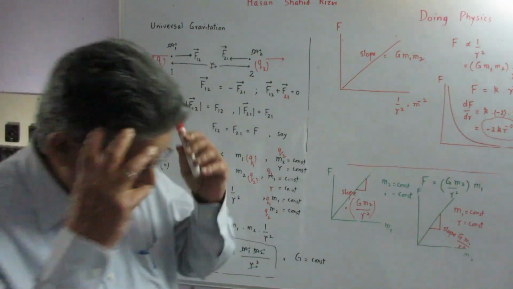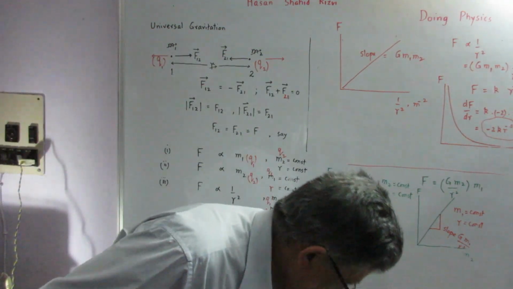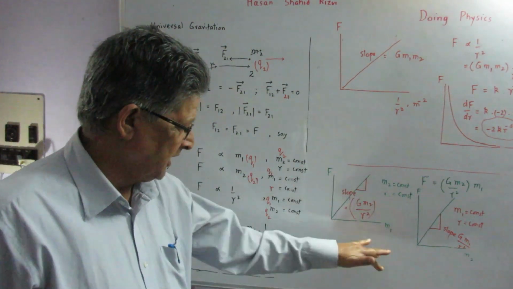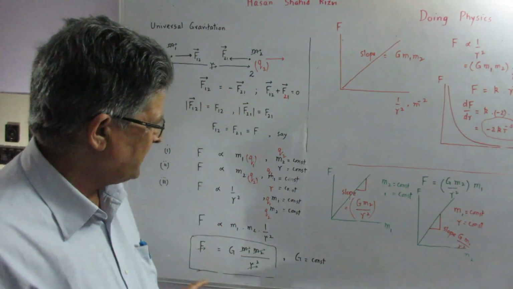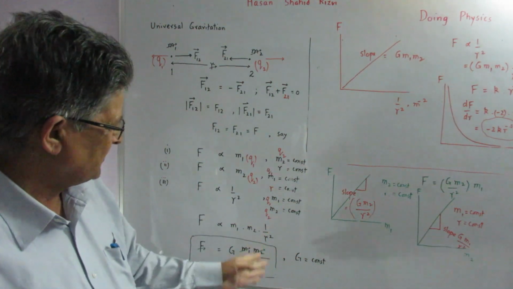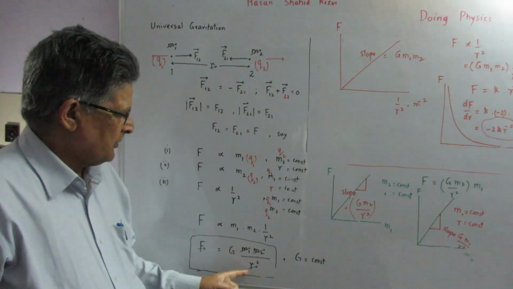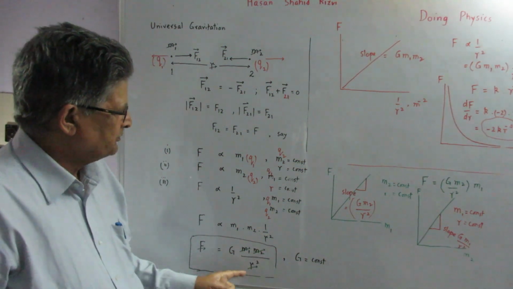It opens our minds to obtain the physics and the meaning of the physics behind any kind of expressions. This time we have just taken three variables, m1, m2 and r.